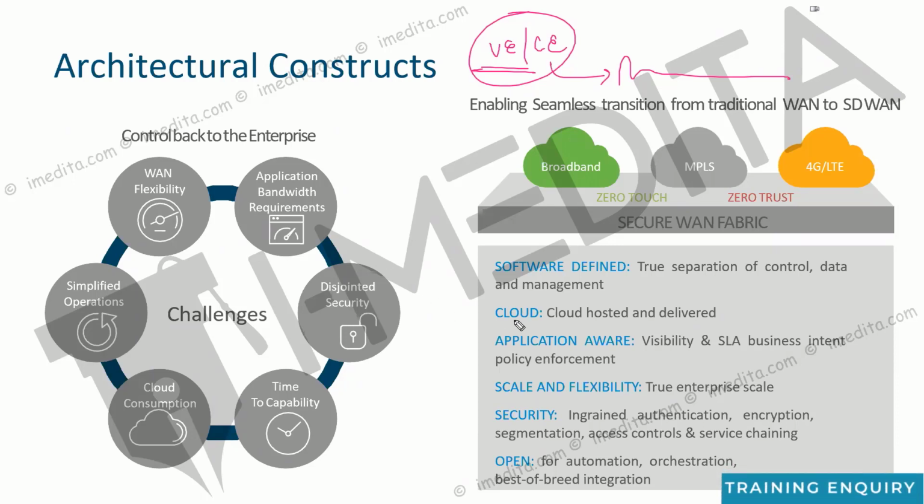This solution is cloud hosted and delivered. We can deploy the controllers onto the cloud. In fact, we can also run these vEdge or cEdge devices onto the cloud, but that will be completely dependent on the requirement.